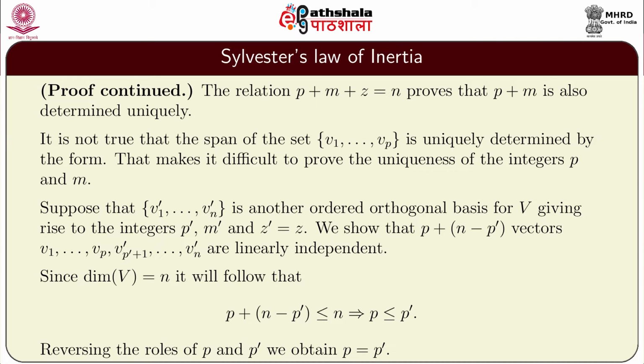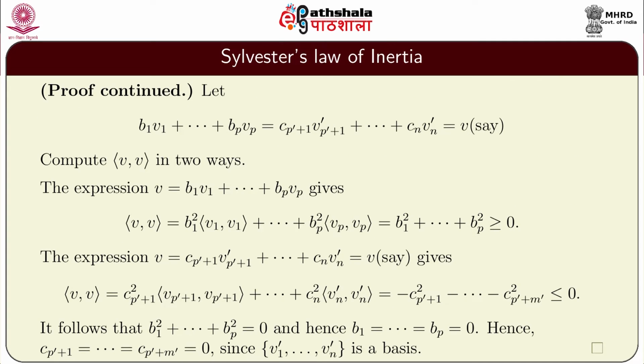the uniqueness of the integer p. Let us see how to prove the linear independence of these vectors. Let us write this linear combination of the vectors v1, v2 and so on up to vp, given by b1 v1 and so on up to bp vp, and that is equal to c_{p'+1} v'_{p'+1} and so on up to c_n v_n', and call it v, say.